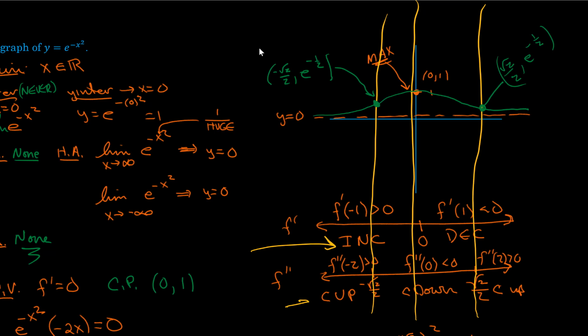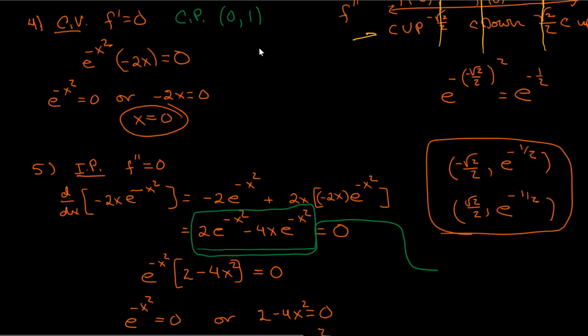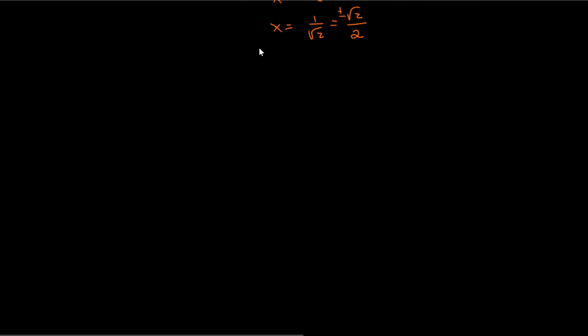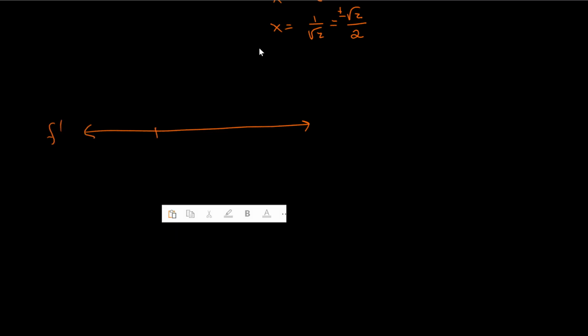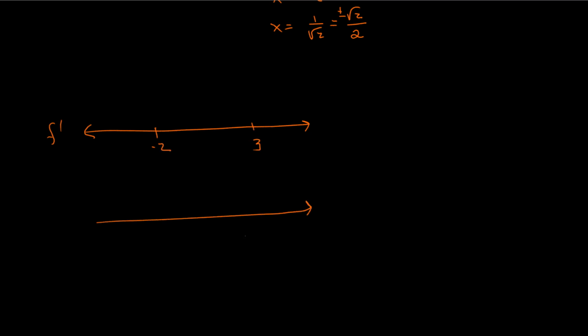Now, something really important to be mindful of is if you have a scenario, and I'm just making something up here, first derivative, and let's say we have some points, -2 and 3, and second derivative, we have something here, oh, I don't know, 0.